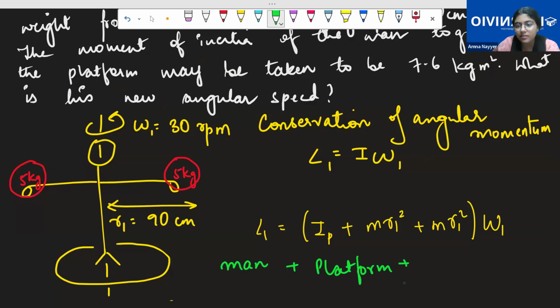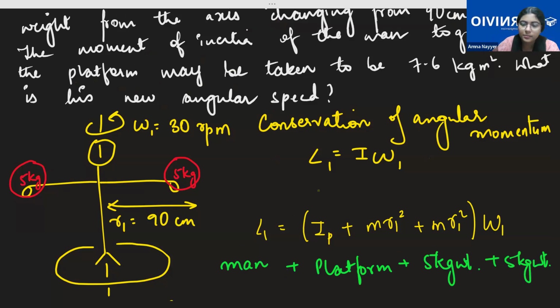Then you have this 5 kg weight. Then you have this 5 kg weight. Man plus platform: the moment of inertia value is given to us. Let's say IP, platform plus man, is 7.6. So man is included, platform is included.